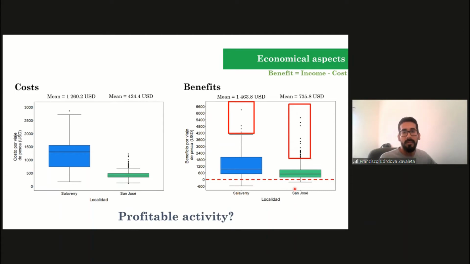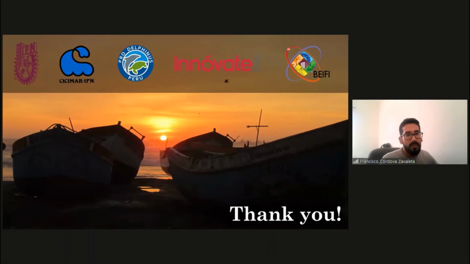So maybe we can explore or complement this study by considering a mean body weight of each species to compensate for this difference. Maybe for a later study we can look at that and complement the study. For now, thank you. I'm willing to take some questions at the end of the session.